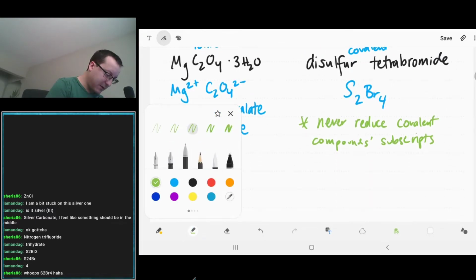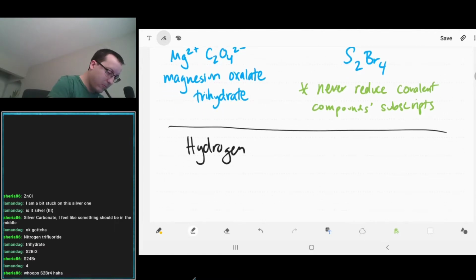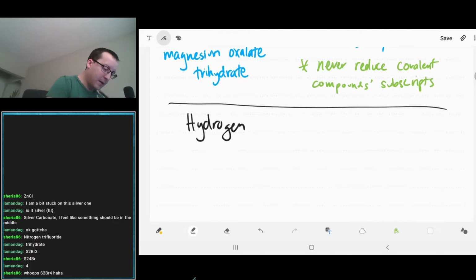Okay, let's deal with pesky hydrogen. So hydrogen exists as two potential ions.